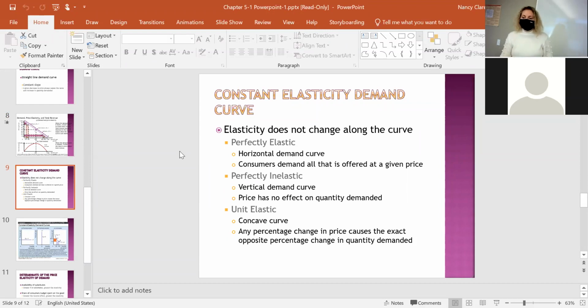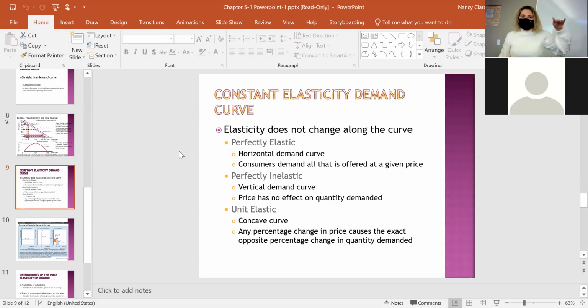If we had a perfectly elastic demand curve, it would be represented as a perfectly horizontal demand curve, which meant that the price would remain consistent and the quantity would change, right?